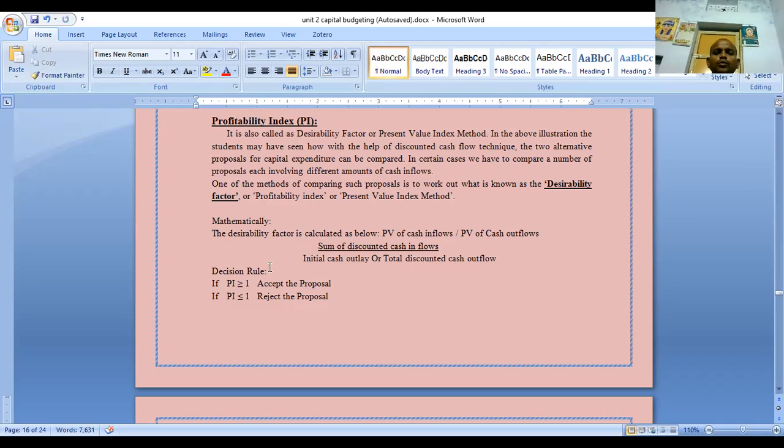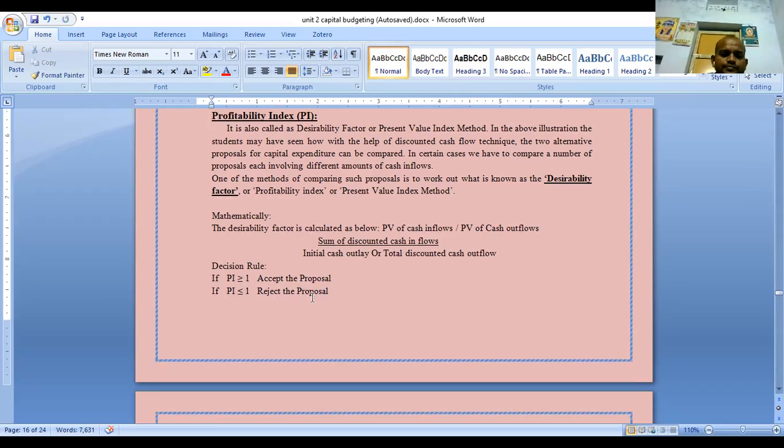The decision rule for this profitability index is, if the profitability index is greater than or equal to 1, accept the proposal. If the profitability index is less than 1, reject the proposal. If it is equal, you may accept or reject. That depends on the decision making of the management.